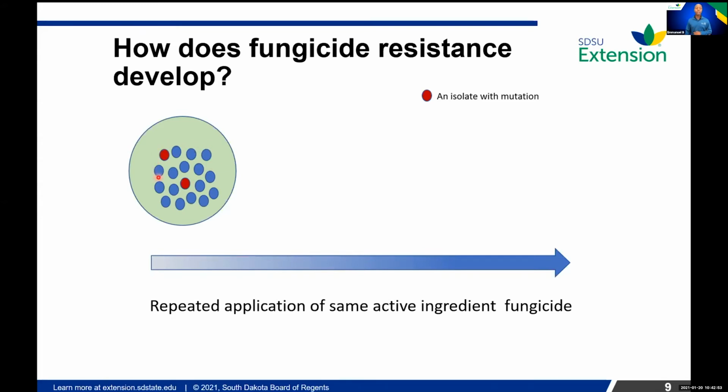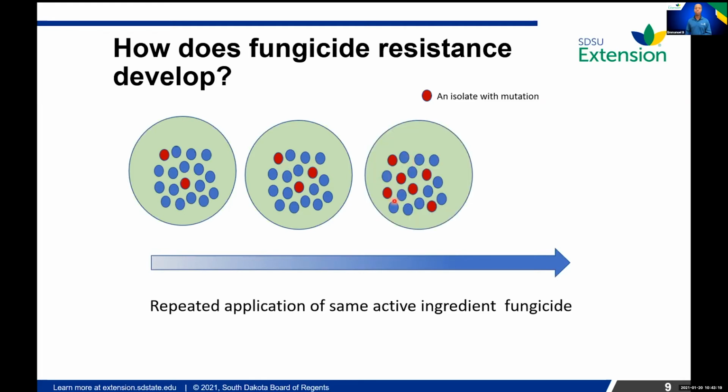So in nature, you have a mix of different isolates, and some may have a mutation or some change in their DNA that helps them to survive the effects of the fungicide. So when you apply a fungicide, let's say here the blue isolates don't have the mutation to help them survive the fungicide, and so those are knocked out over time.